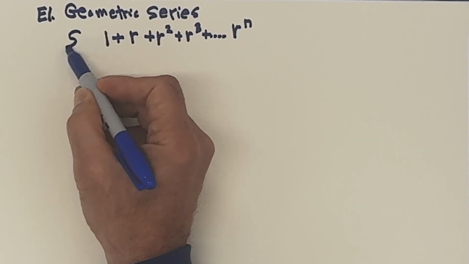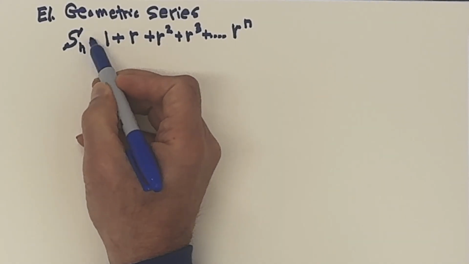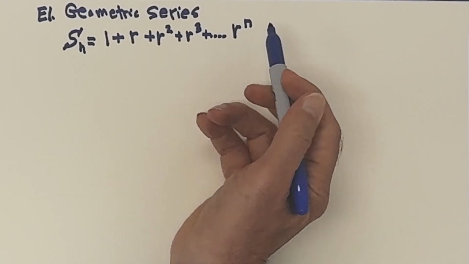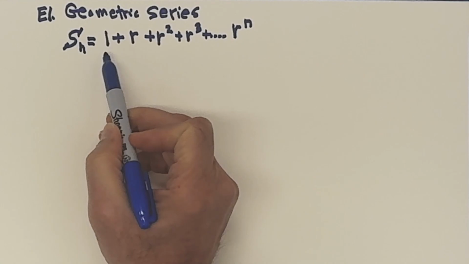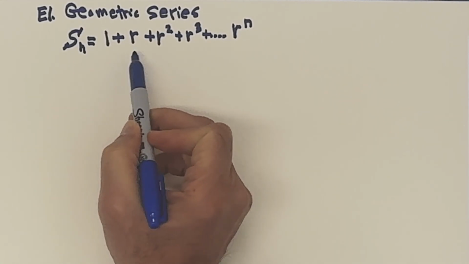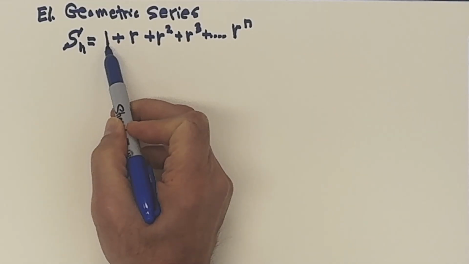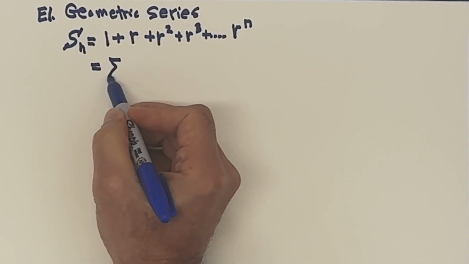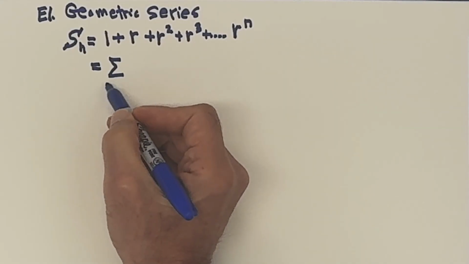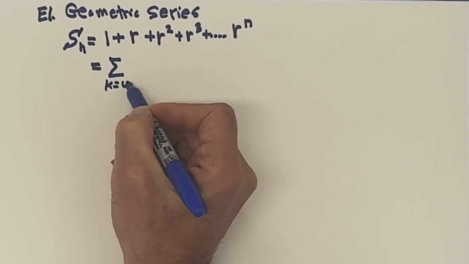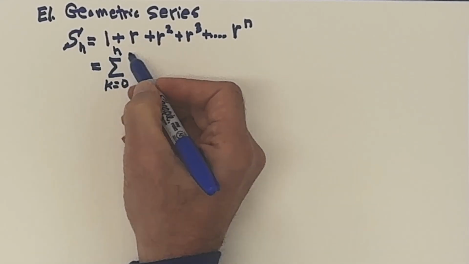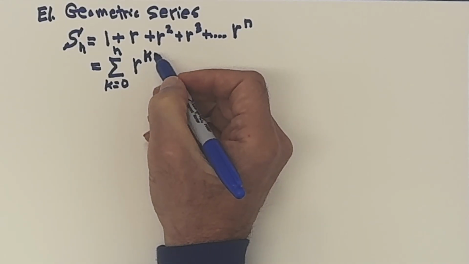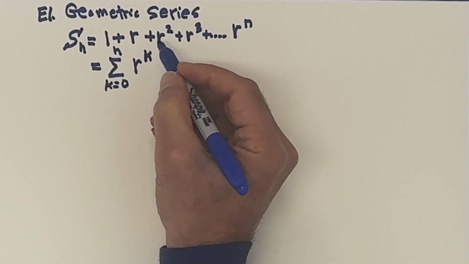And we'll call that the sum to the nth term. So here you would say, well, technically I have n plus 1 terms. So if I want to write this as a series, I would say let k start at 0 and then go to n, r to the kth power.